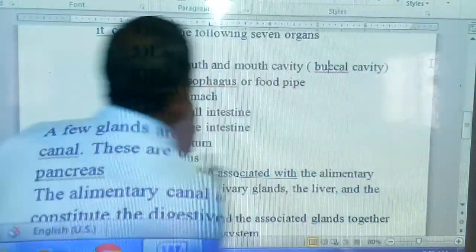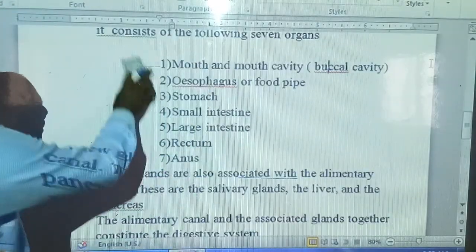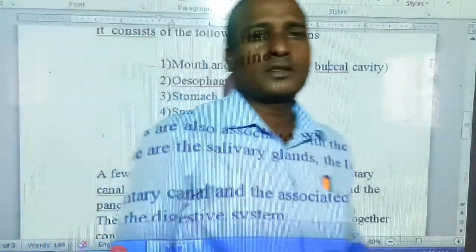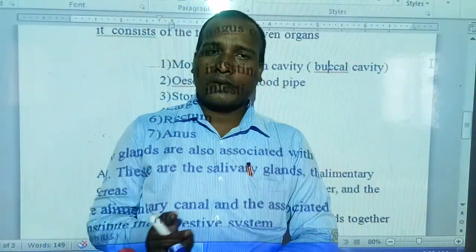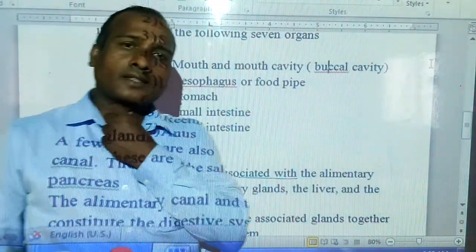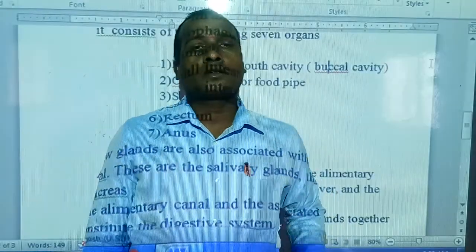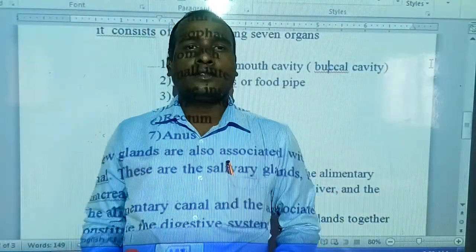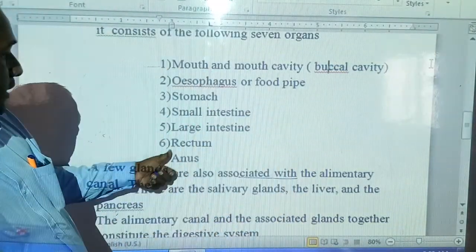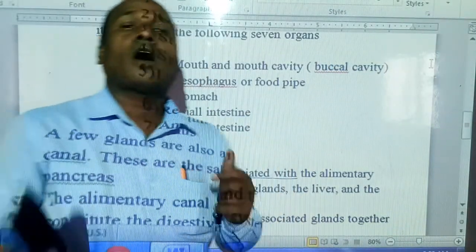So observe, students, these are the 7 organs in our alimentary canal.